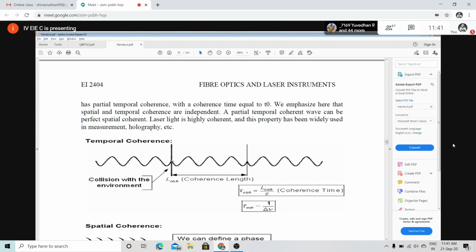And if they have the same value, we call that temporally coherent. That is, we have a wave, and in that wave pattern, if I measure the phase and amplitude at different time intervals and find similar amplitude and magnitude, we call that temporally coherent.